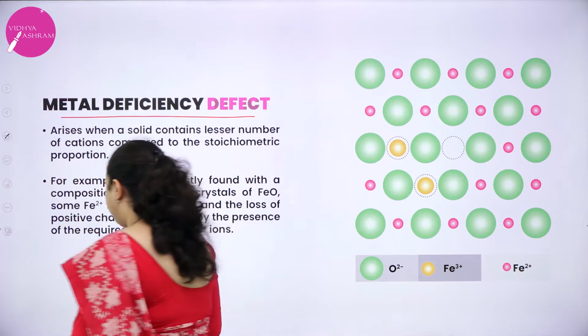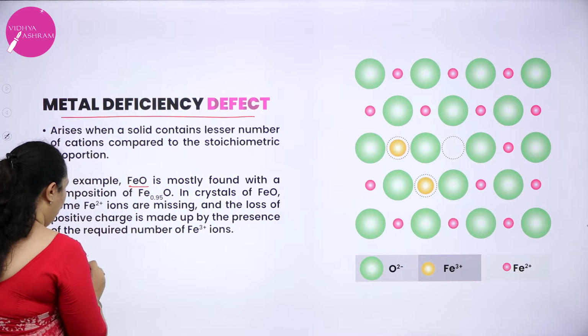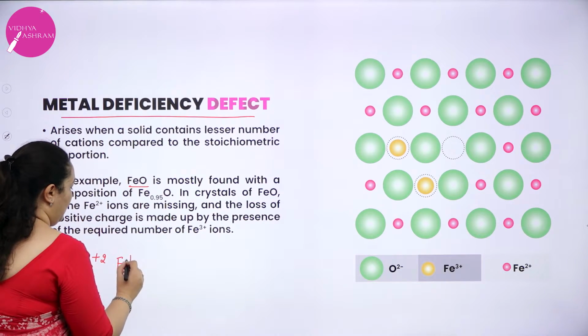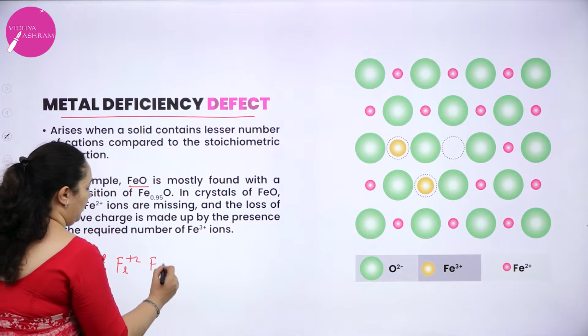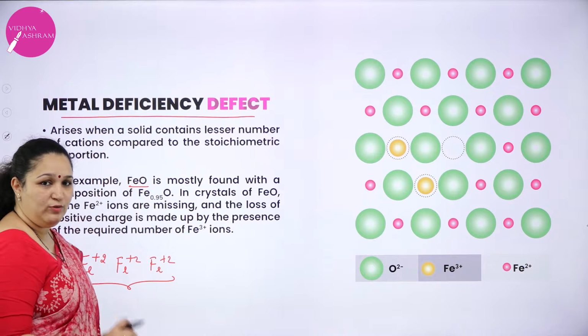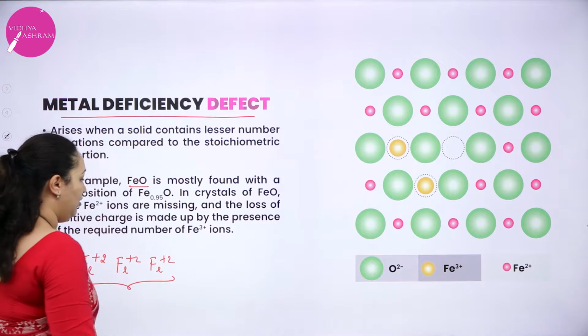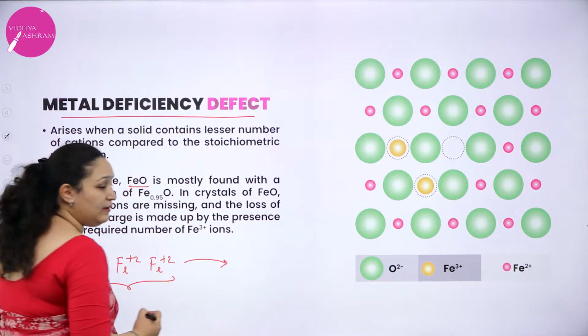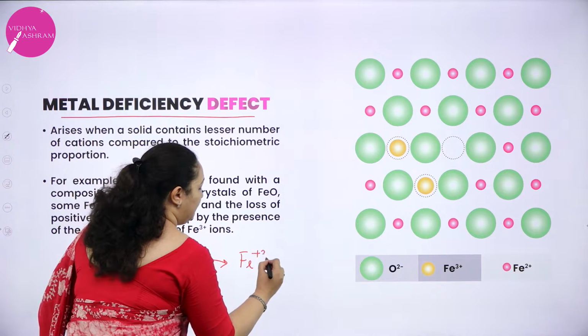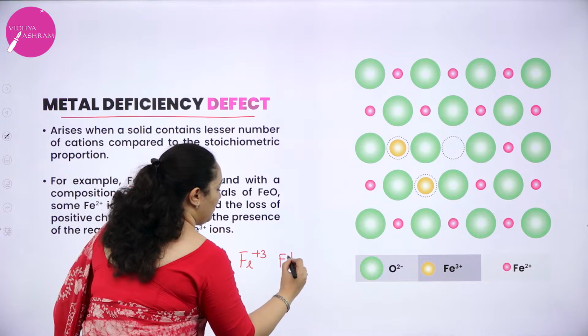What happens is, see, in my FeO, if I remove 3 Fe plus 2 ions, it will be replaced with Fe plus 3 ions.